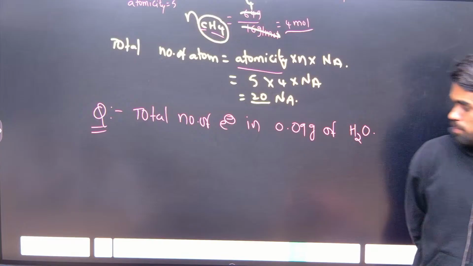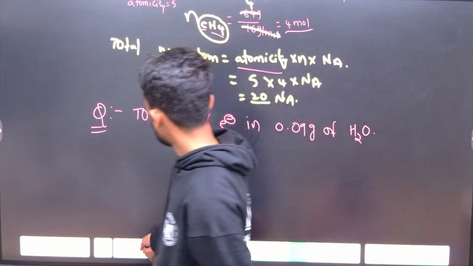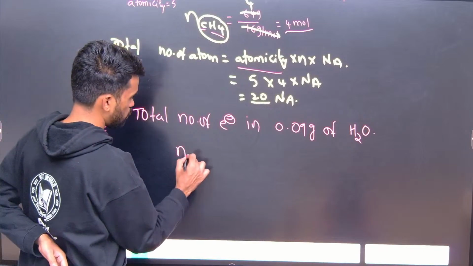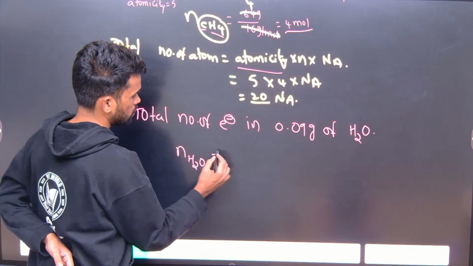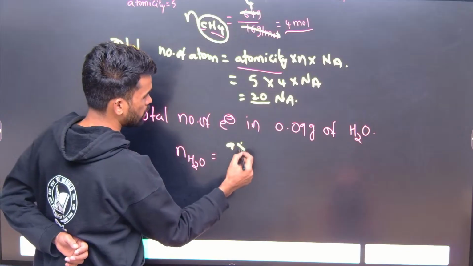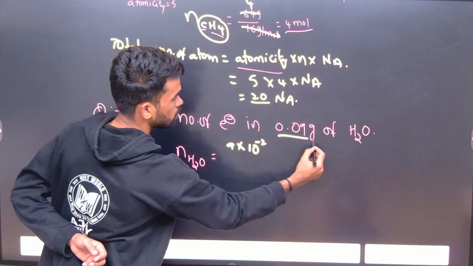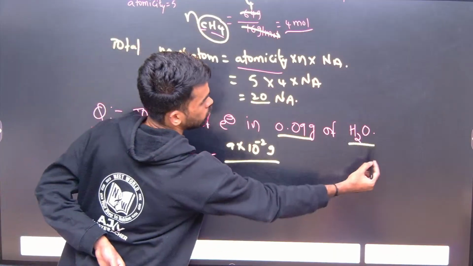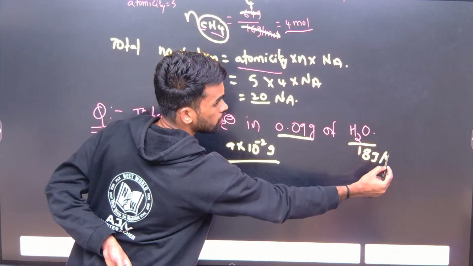So what is the first step? Calculate the number of moles. First, always try to calculate the number of moles. So the number of moles of water is 9 into 10 power minus 2 grams, divided by the molar mass of 18 gram per mole.